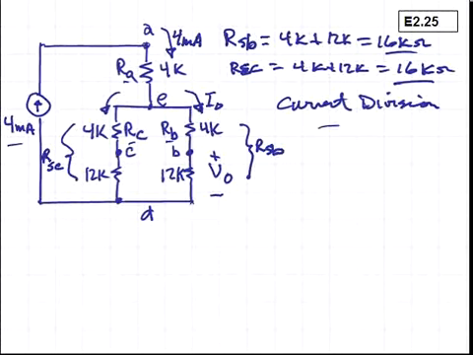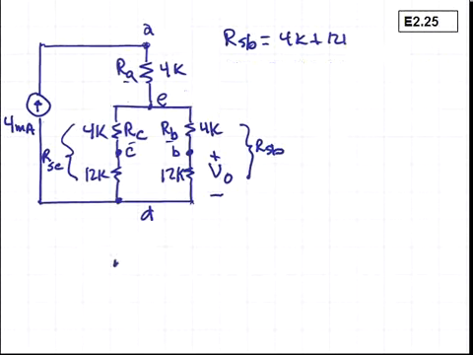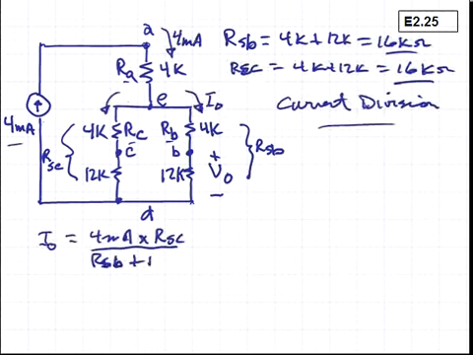So by current division, we can say that I sub O is equal to 4 milliamps times the resistance in the other parallel branch, which is RSC, divided by the sums of the two parallel branch resistances RSB plus RSC.